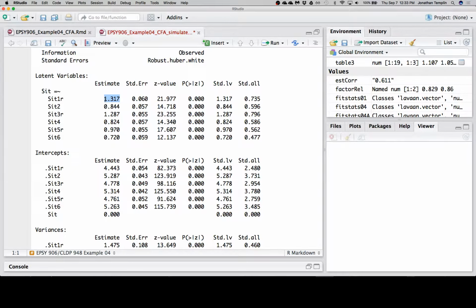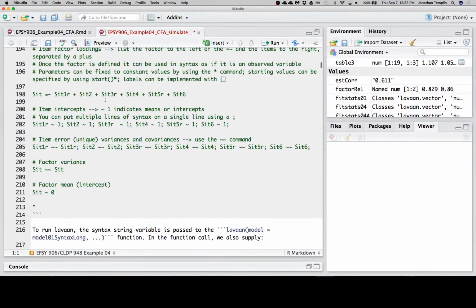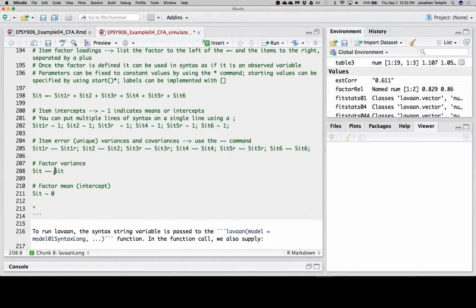So go ahead. Here, let me show you real quick. I can go up to my lavaan syntax, and if I set the factor variance to 10, right? Actually, let's do this. Factor variance to 100, because the standard deviation of 100 is 10, right? The square root of 100 is 10.